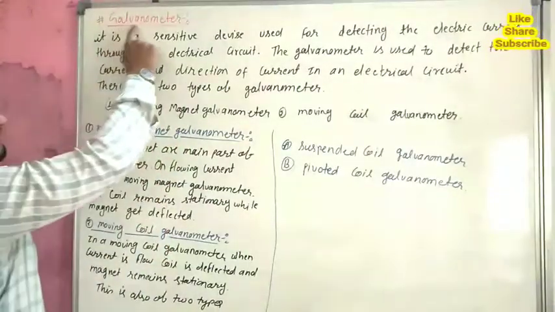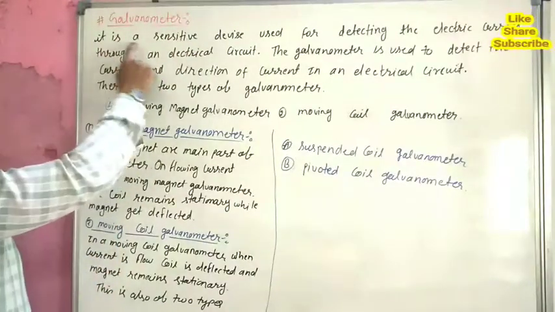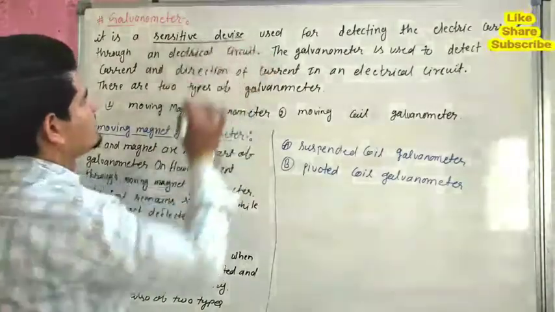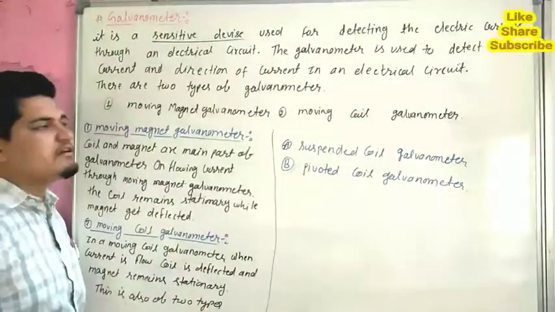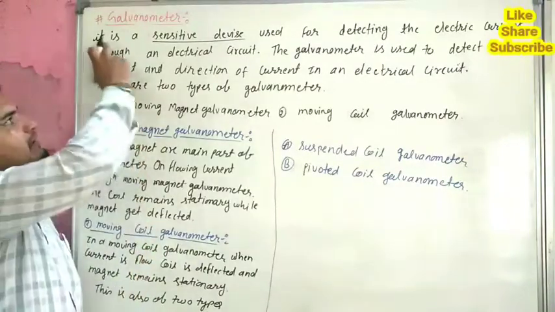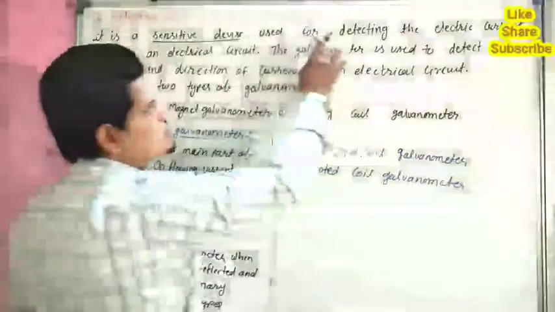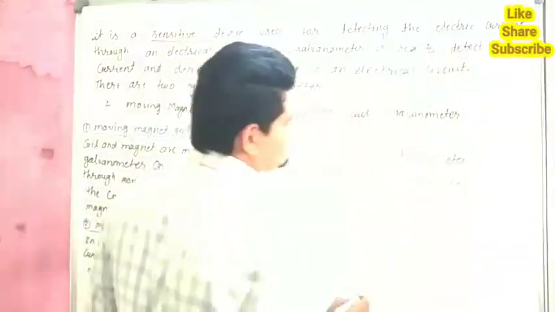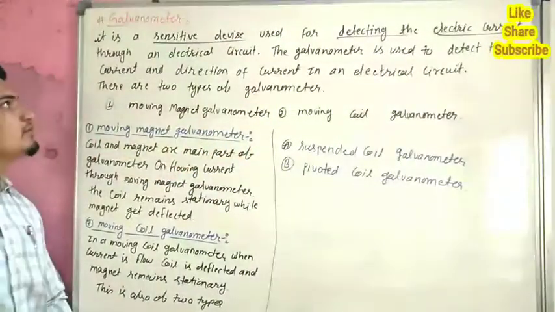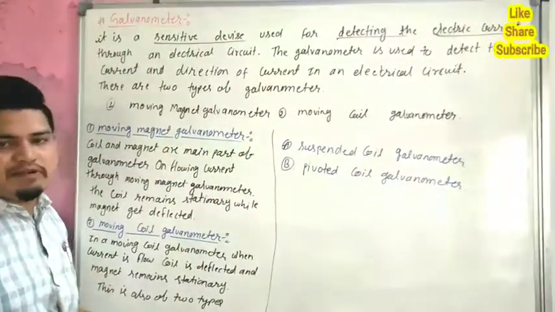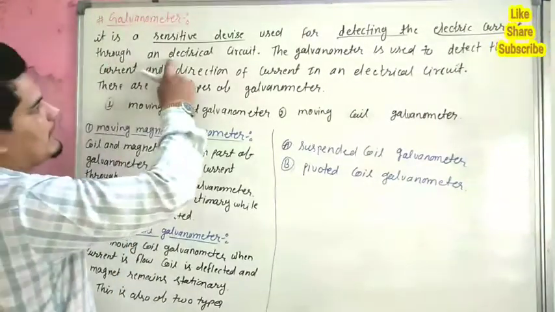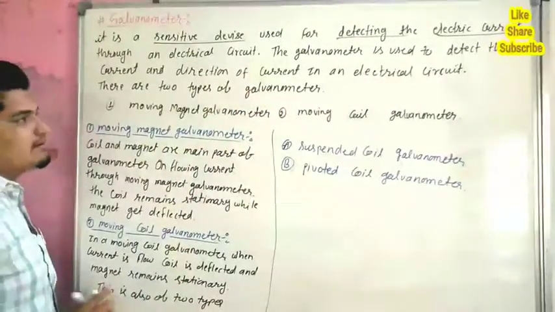Our topic is galvanometer. It is a very sensitive device. Very sensitive means it can measure a very small current flowing through the conductor. So a galvanometer is a very sensitive device used for detecting electric current in any electrical circuit.